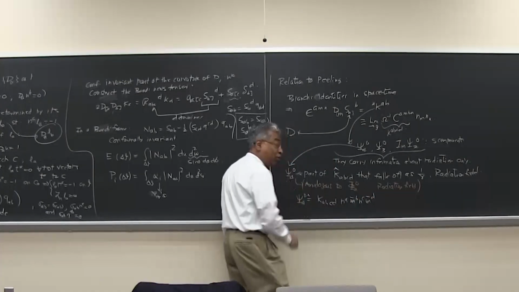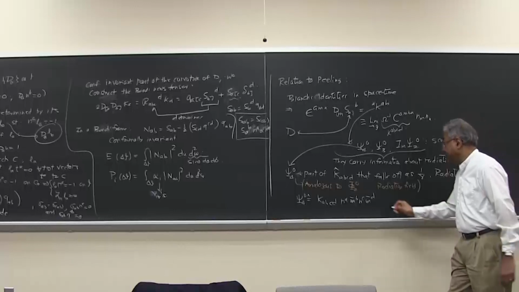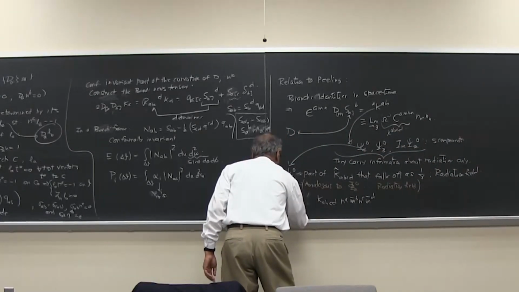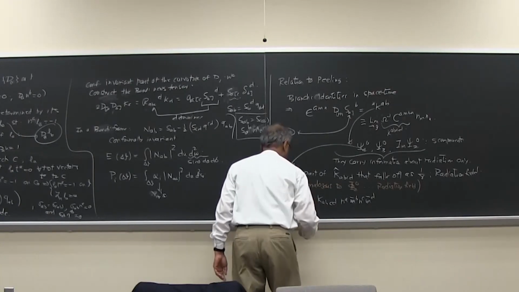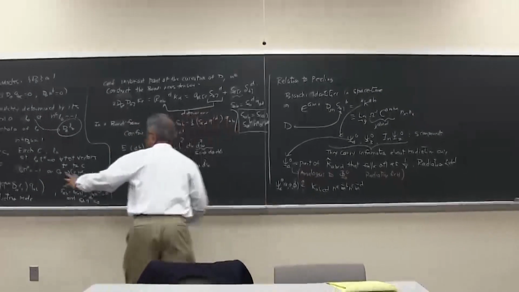So this was our psi 4 naught on Scri. This psi 4 naught is evaluated on Scri, so it is a function of u, theta, phi. So it just lives on Scri here.